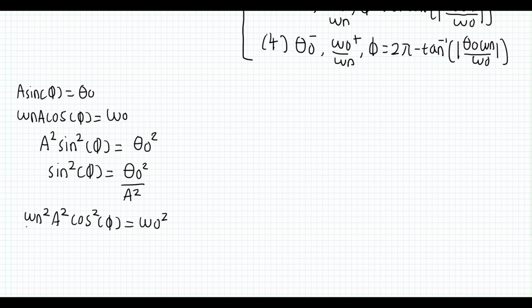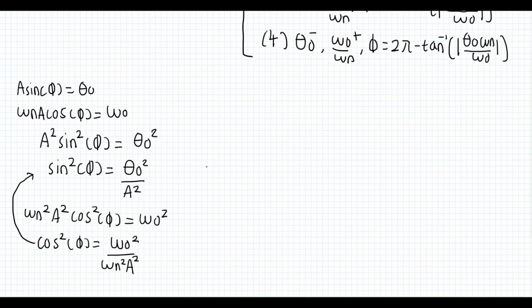And again, to clean it up, we're going to divide both sides by omega n squared A squared. So we're left with cosine squared of phi is equal to omega naught squared over omega n squared A squared. Now, we're going to add both of these equations together.